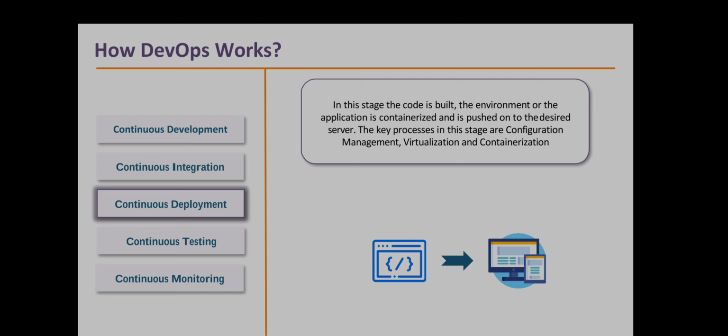So after building that code, after it is forwarded into quality analysis, that code will be deployed onto some server. So it could be by using configuration management or virtualization or containerization.